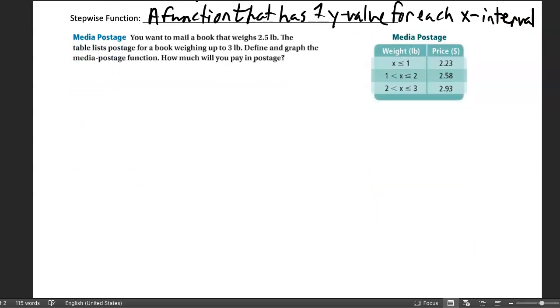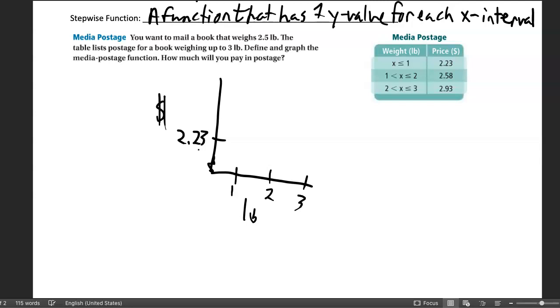If you're mailing a book, and generally if you're just mailing, your price changes based off of what the actual value is. So if we were to make a graph of this, put our weight here, we would have our postage price over here. It starts off at $2.23.